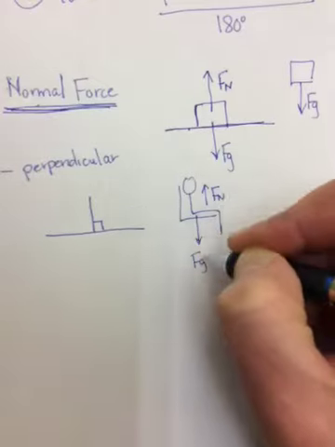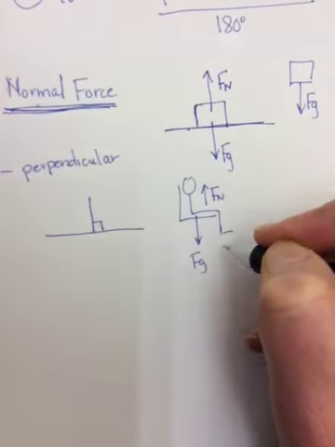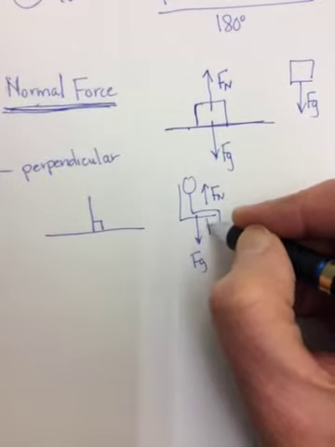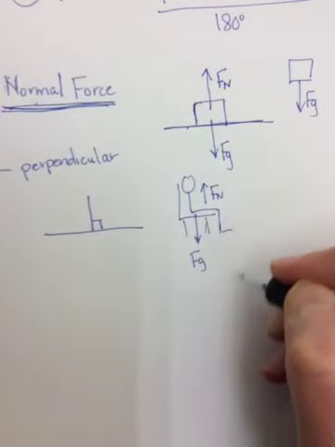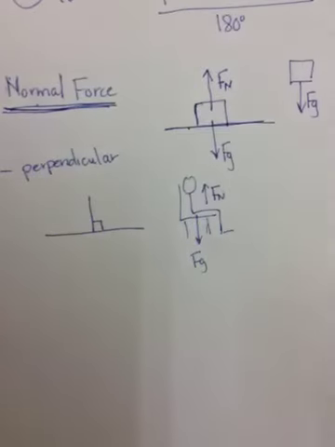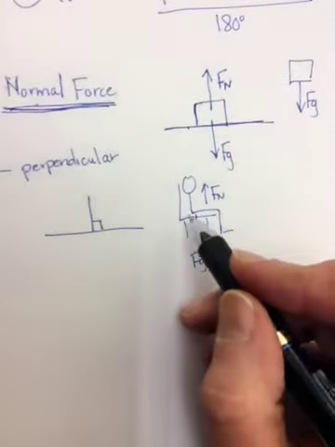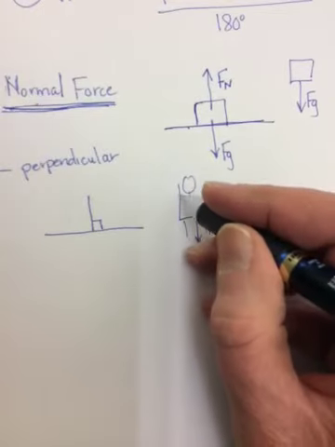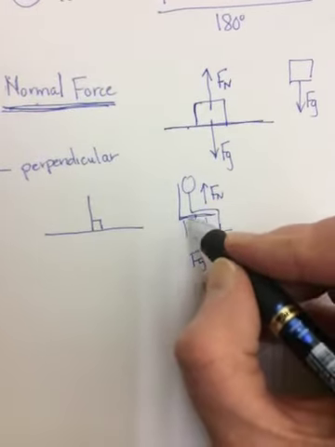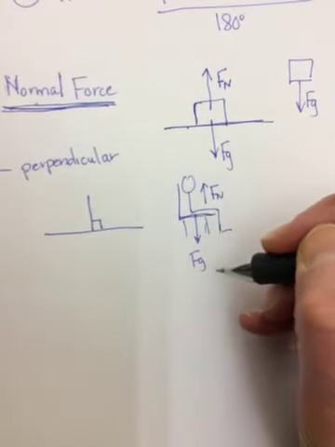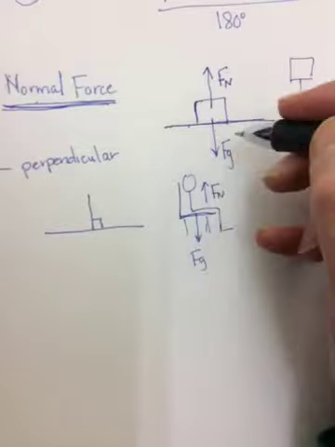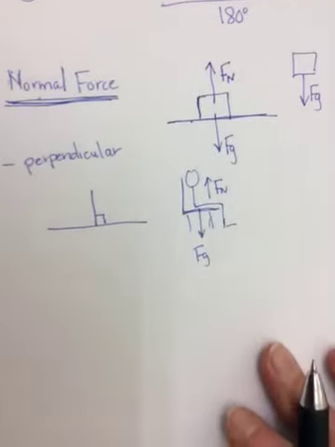And as long as the chair is able to push back up with enough force, then you stay at rest. If the chair isn't able to do that, then you would fall through the chair and end up on the floor. So the normal force is always the second surface pushing back on the first one. You put your butt on the chair, so your butt is the first surface, and the chair pushing back, that's the second surface.